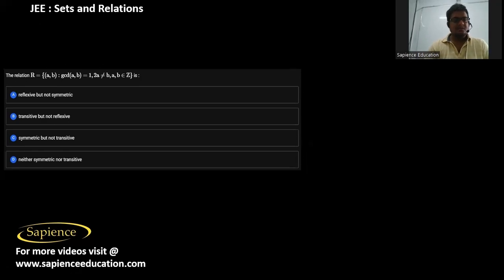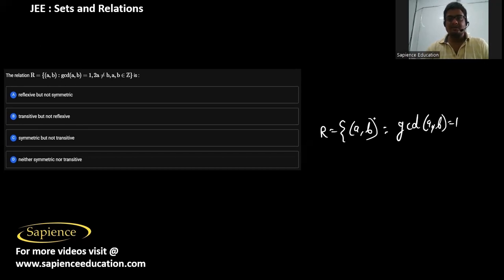Then here it is told that the relation R contains all those ordered pairs a comma b such that the greatest common divisor of a comma b is equal to 1. It means that a and b should be co-prime integers.